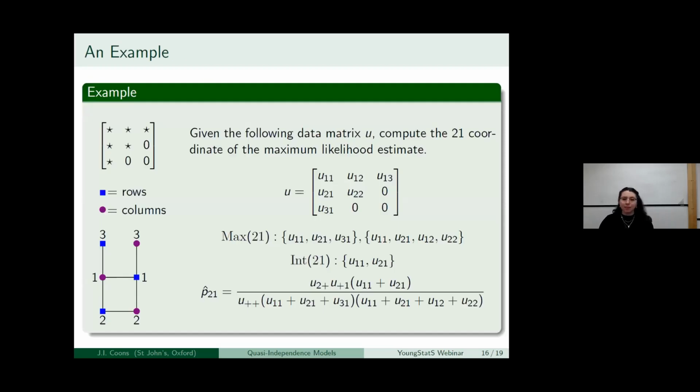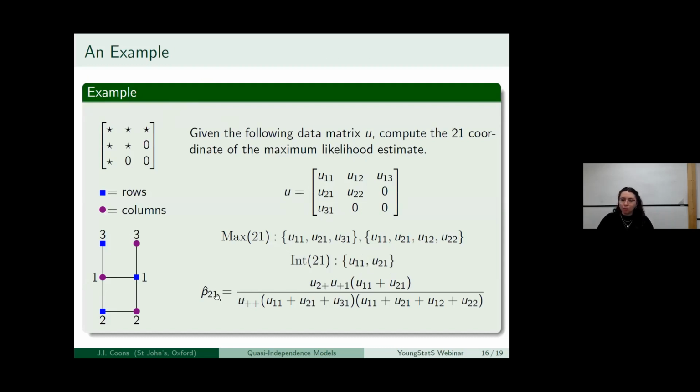Okay, so here's a quick example, going back to the set S that we had before. So here's my data. If I look at the 2, 1 entry, the maximal cliques that contain it are this upper square and the first column, and the intersection set is just the intersection of those two.